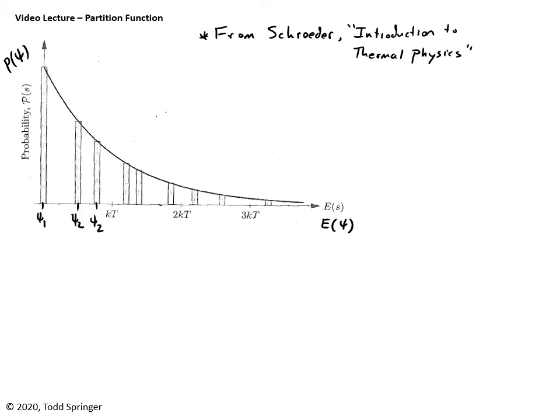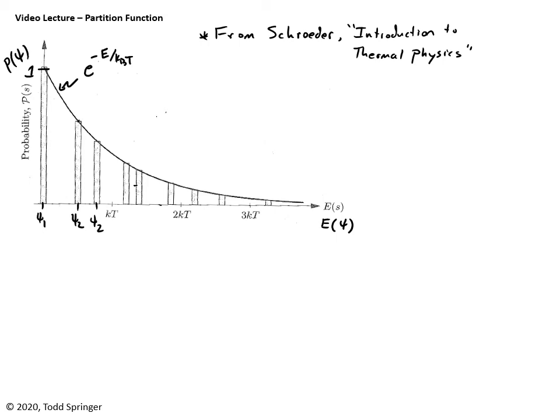And then this smooth line here is the line e to the minus E over kBT. So it's monotonically decreasing. It has a value equal to 1 here. And then it flattens, it falls off as energy gets higher.